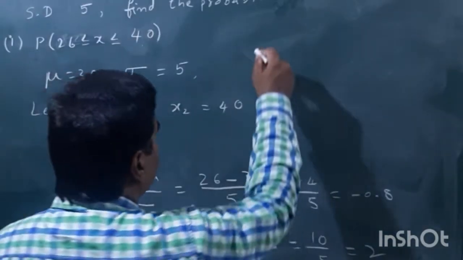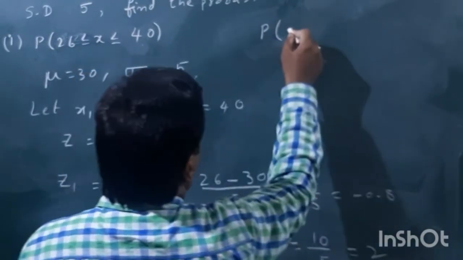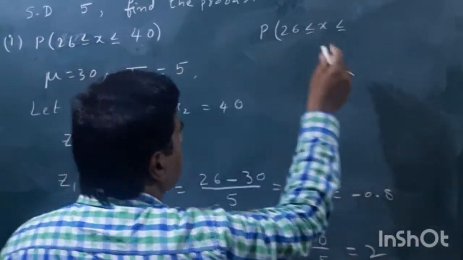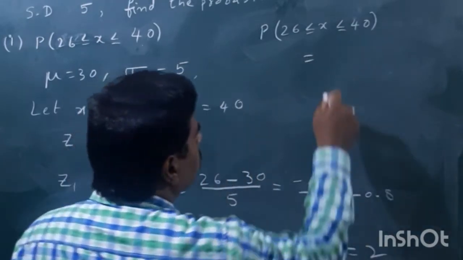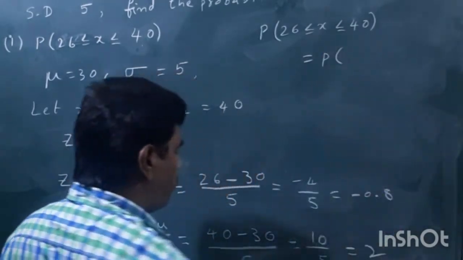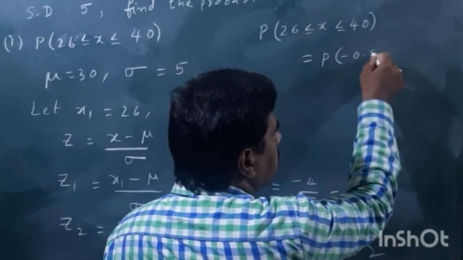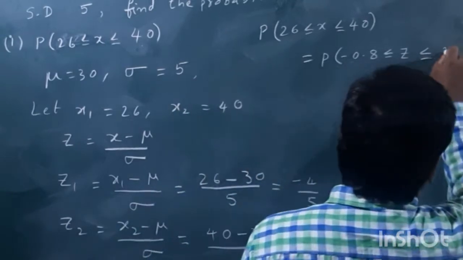Therefore, the probability of 26 less than or equal to x less than or equal to 40 is equivalent to the probability of minus 0.8 less than or equal to z less than or equal to 2.